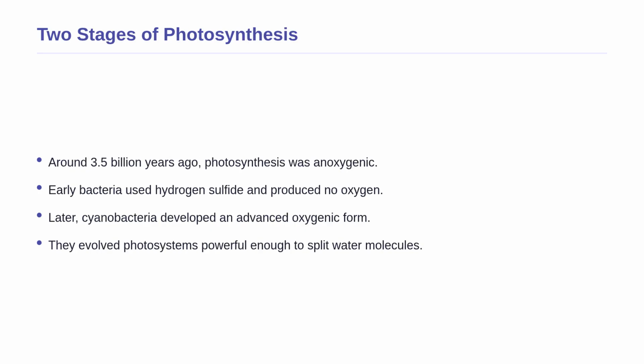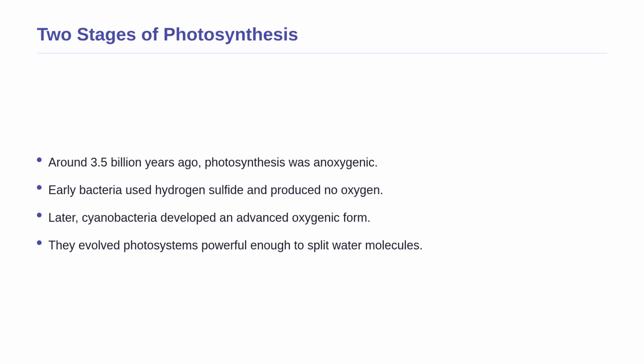Building on that initial survival trick, let us understand how this process evolved over time. Initially, around 3.5 billion years ago, this process was anoxygenic. This means early bacteria used molecules like hydrogen sulfide instead of water, and they did not produce oxygen as a byproduct.